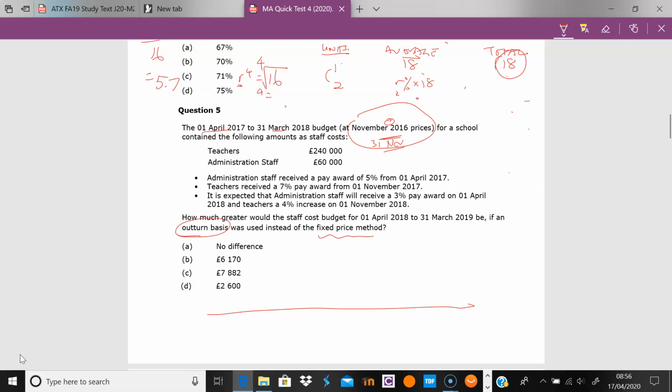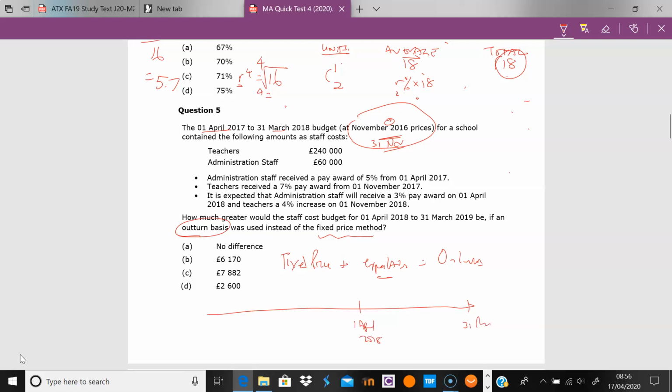So it's almost as though fixed price plus expectations give us the outturn budget, so to speak. They're both budgets, but this one doesn't take those expectations into account. That's all.